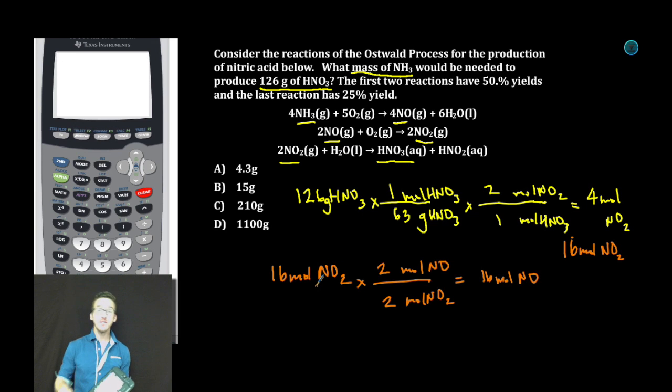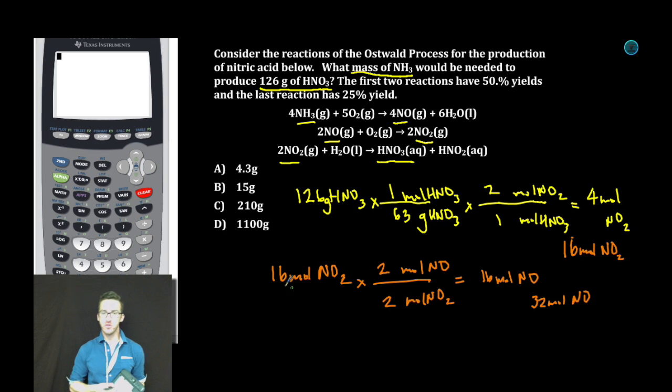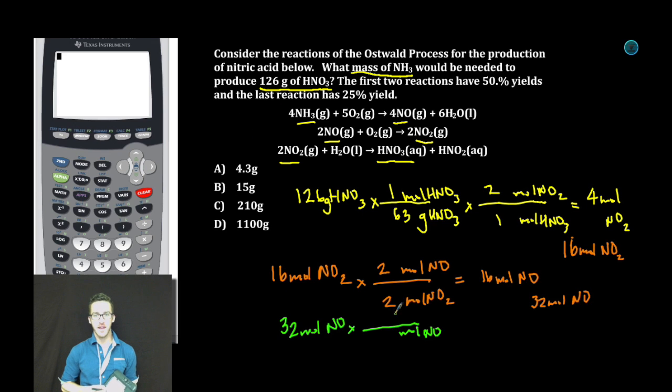But it's only a 50% yield. In other words, I'm only going to get half of what I expect to get. So if I want 16 moles of NO2, I need to start with double the expected amount of NO, or 32 moles of NO.